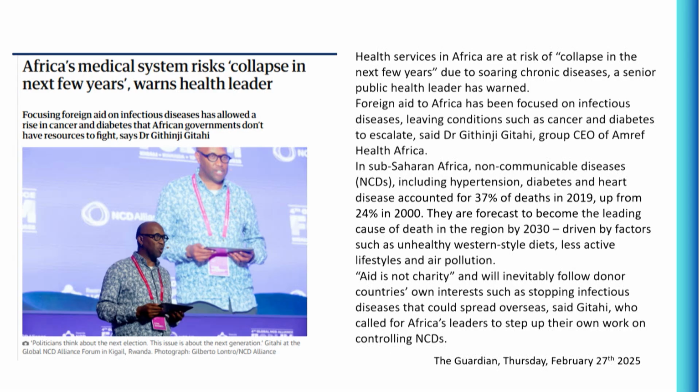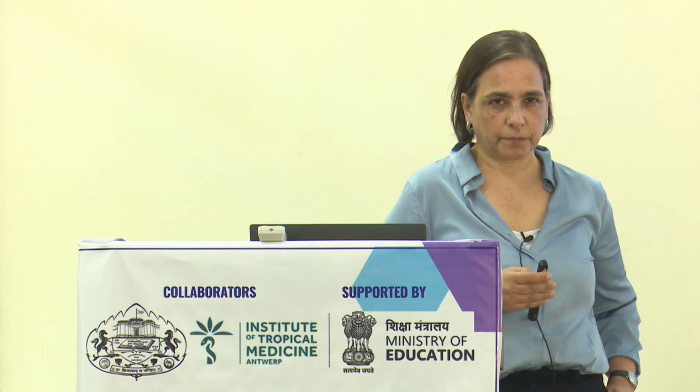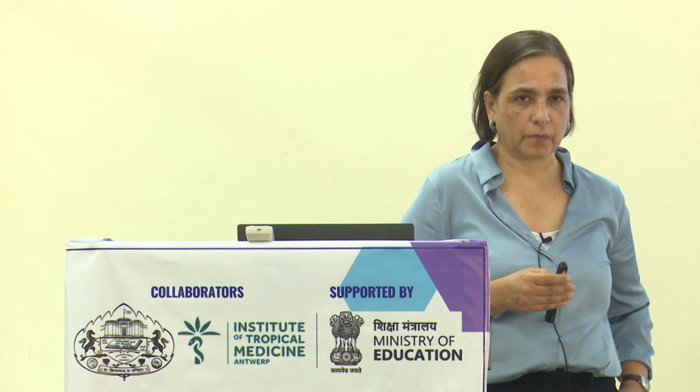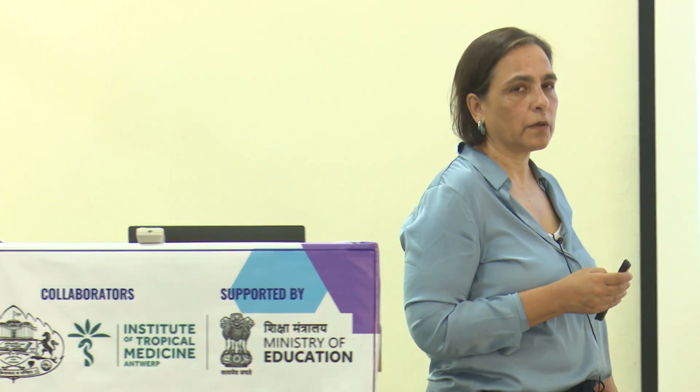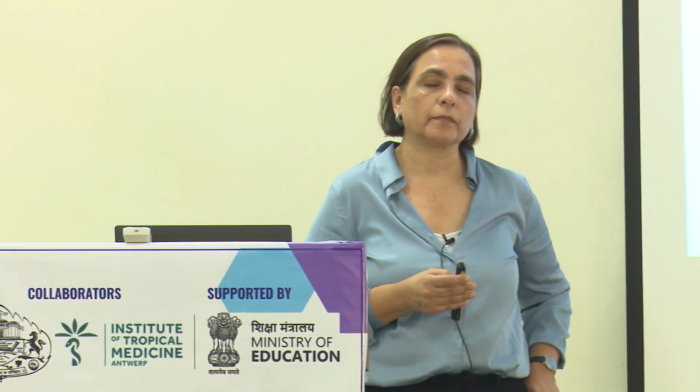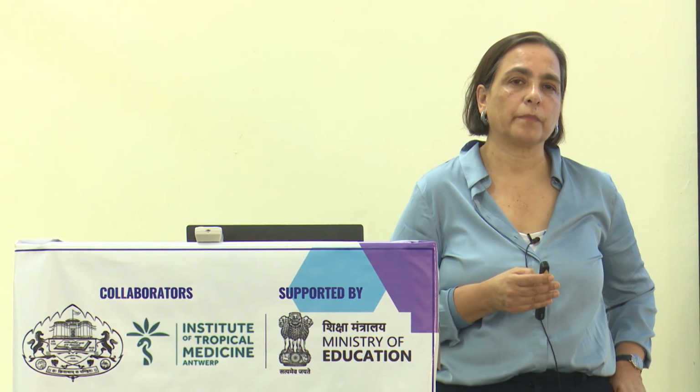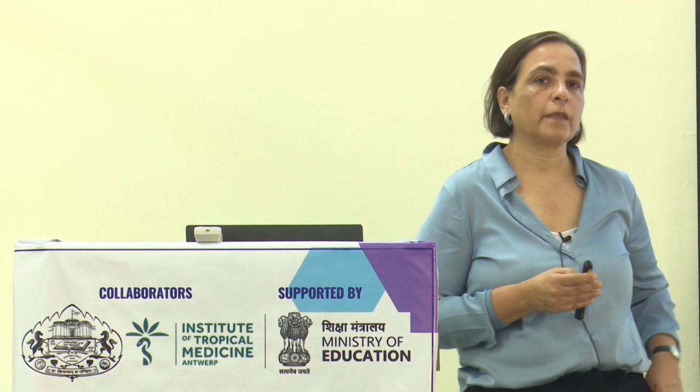There is a growing NCD burden in Africa also. So the donor countries and the health policy makers of the same country need to think about where to allocate the funds. And we can look at mortality and morbidity. Which disease, NCD, is causing more mortality?